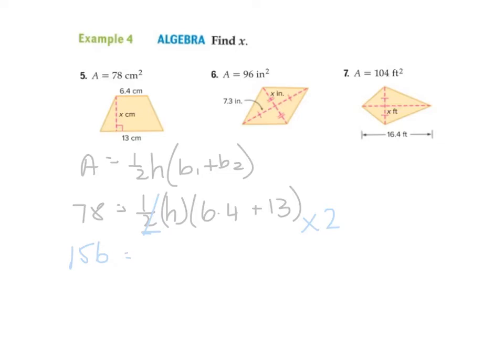The half has now disappeared, and if I add 6.4 and 13, I get 19.4, and that is H. Okay, these guys are multiplying each other, so I'm going to divide, so I'm going to rearrange it as well. So H equals 156 divided by 19.4, and if you put that in your calculator, you will get 8.04. Okay, and just simplify that down to a whole number, and that will be 8.